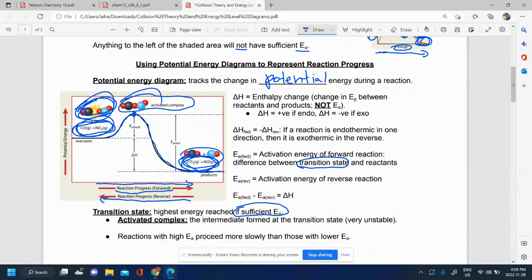But this will really only form if you're at the transition state where you have enough activation energy for the reaction to proceed. Different reactions will have different activation energy requirements. Generally, though, those with high activation energy requirements will be slower than those with lower activation energy requirements.